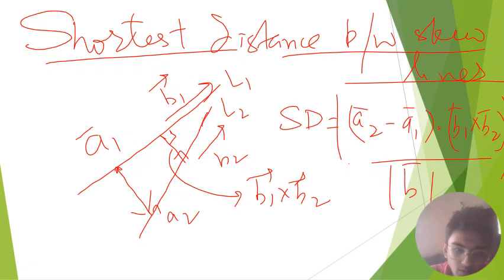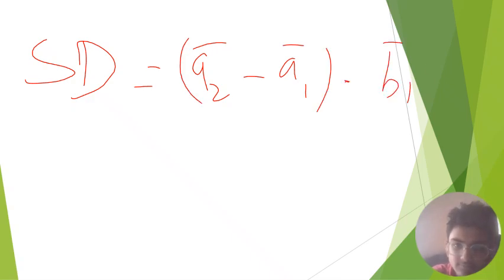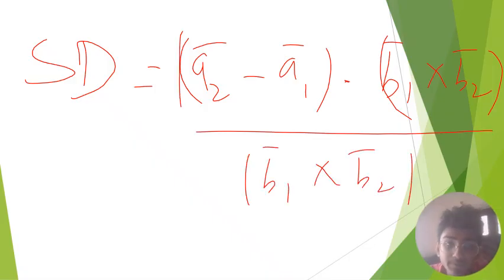Okay, so again I'm writing in the next slide. So like this. Now for intersecting lines especially, the shortest distance is 0.